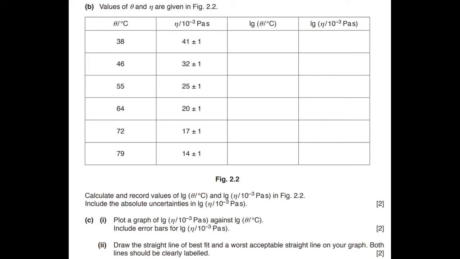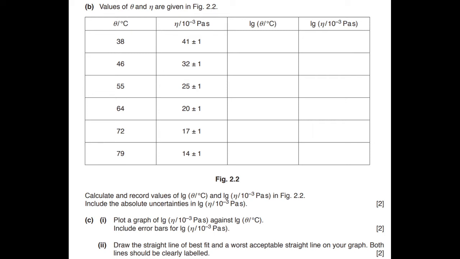So if you say log of 41 minus log of 40, that becomes the uncertainty on the lower side. You're saying the mid one minus the lower one.